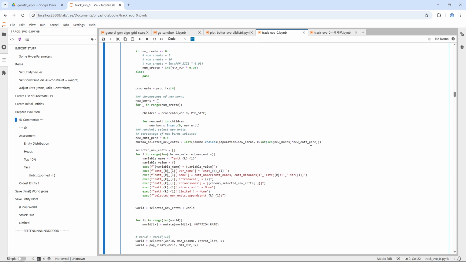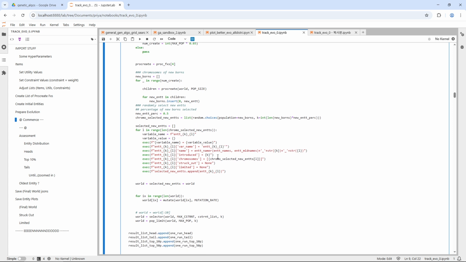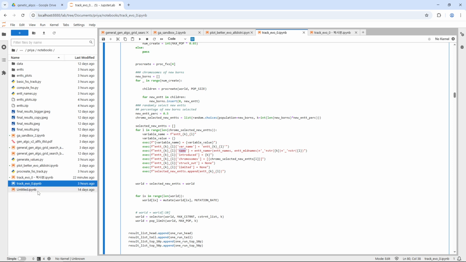It's using the new, better evolution scheme, but every time an entity is procreated, it is made into an entity, a variable named entity underscore generation underscore the order in which it was made, and it will get the name, same as the variable name, and the name generated randomly from a lot of names. I'll just show you.